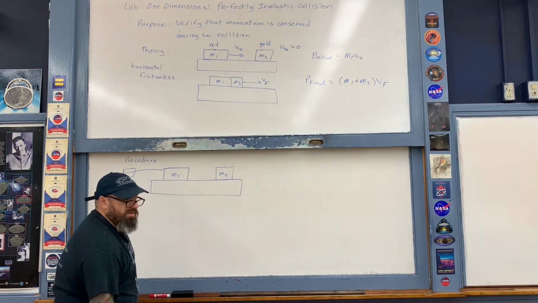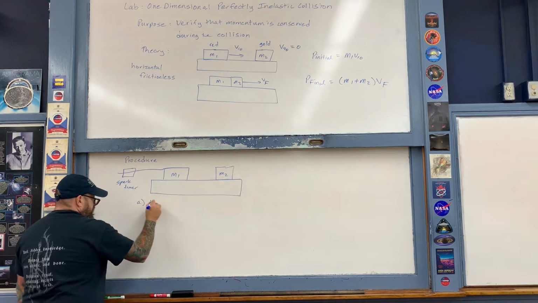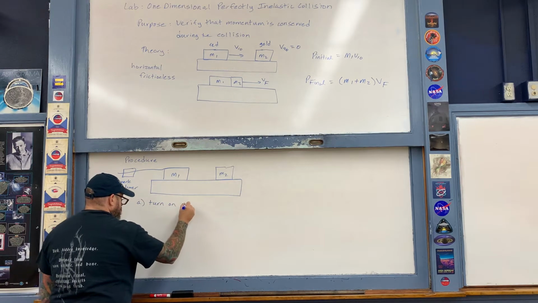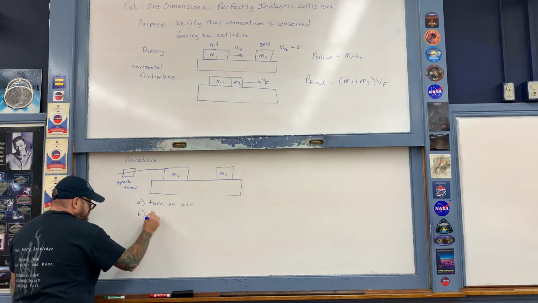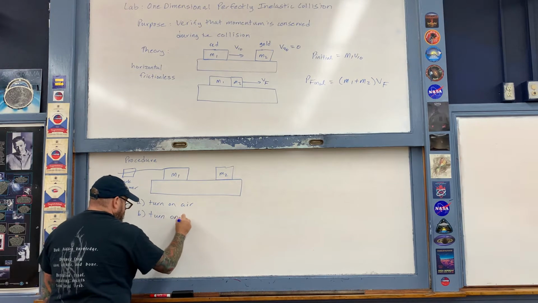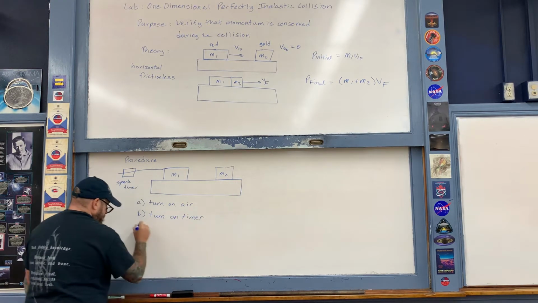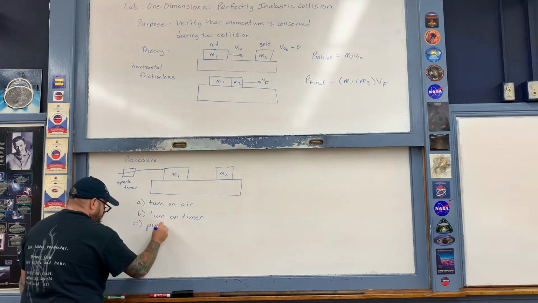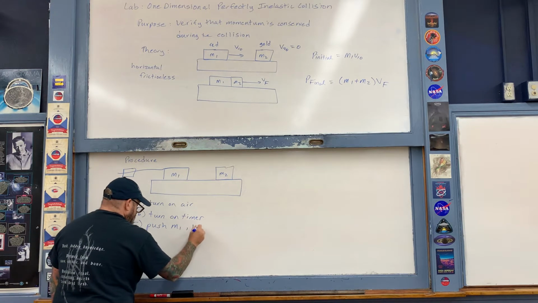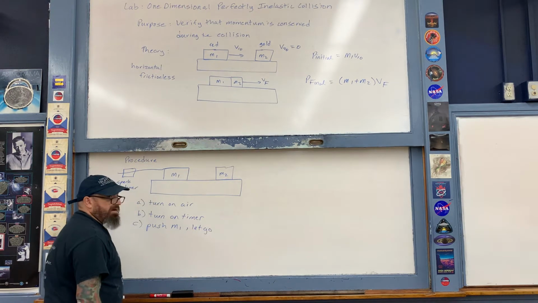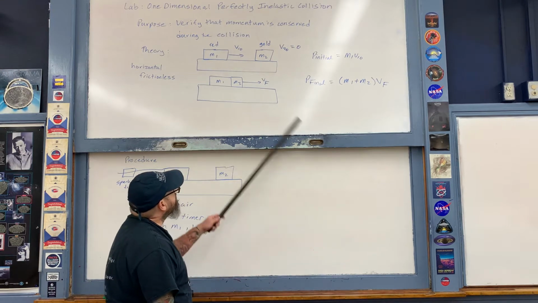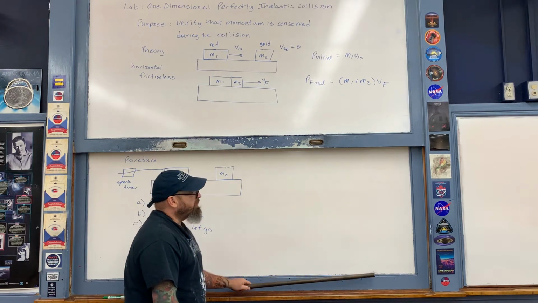And then in sequence, I do the following. I turn on the air, turn on the timer, and then I push M1 and let go of it, such that after I let go of it, it moves down the track at a constant velocity, V1 naught.